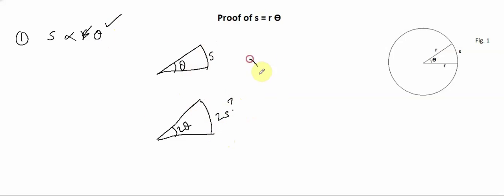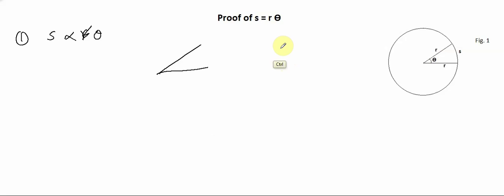And since we are doing two cases, it will be seen that the constant of proportionality turns out to be the radius of the circle indeed. So that will be the algorithm. We will do the integration of the circle.